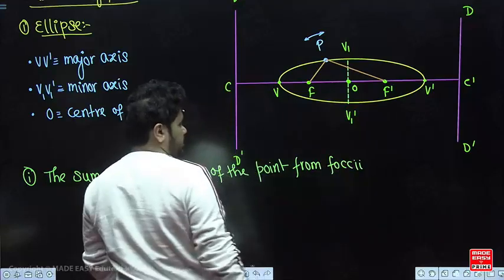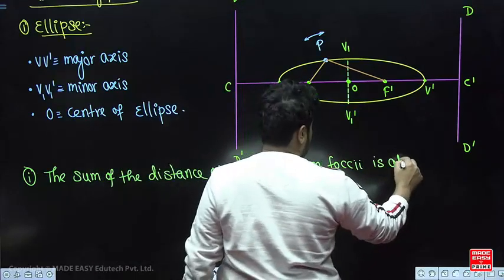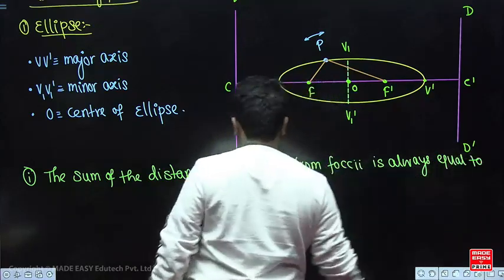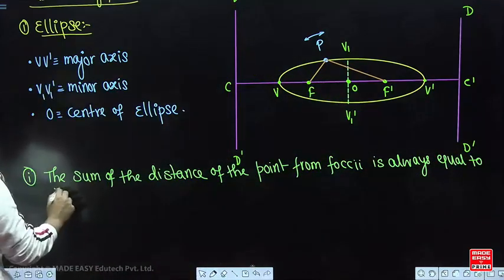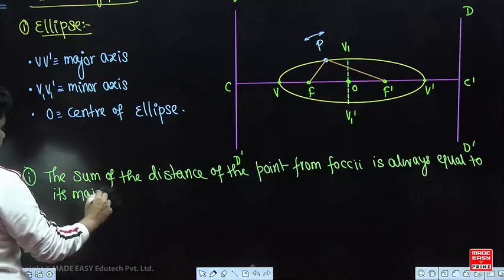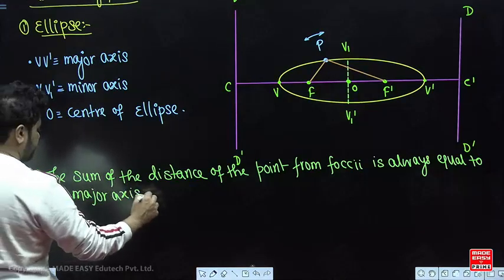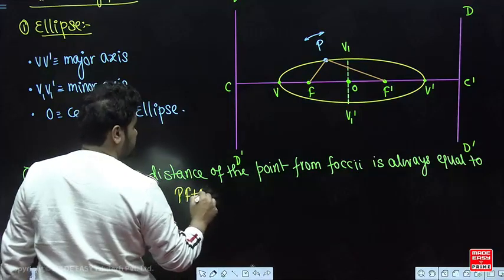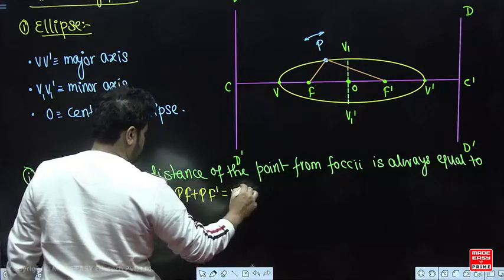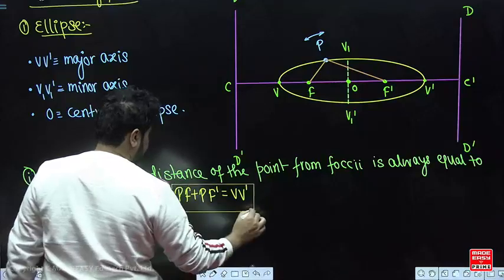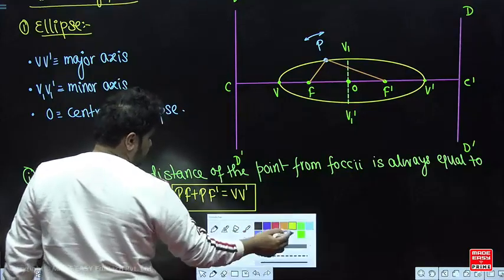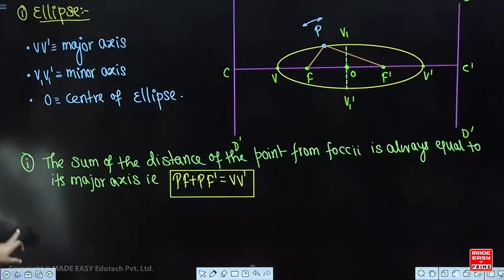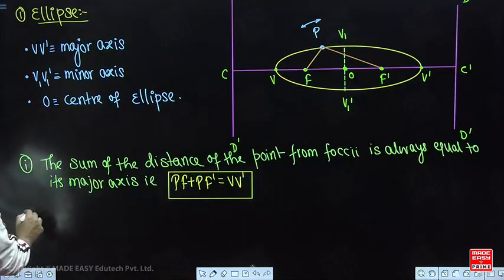Foci means plural of focus. That is, PF plus PF dash is always equal to VV dash. So a direct question will come, right? Always remember, PF plus PF dash is always equal to VV dash, that is the major axis.